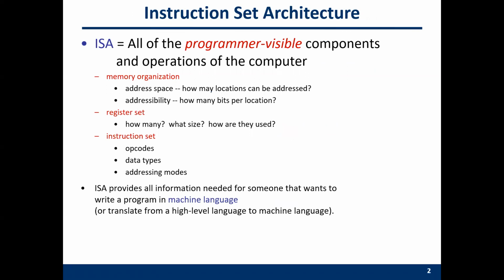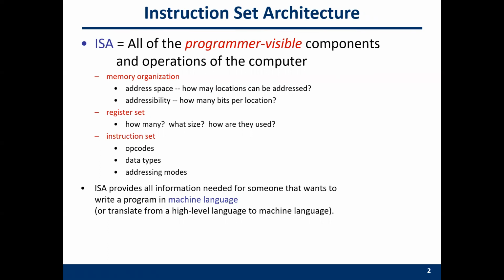The instruction set architecture is the hardware interface provided by your computer, which is programmer visible. For example, the memory organization. It includes memory space, how large your memory is, for example, 8 gigabytes.